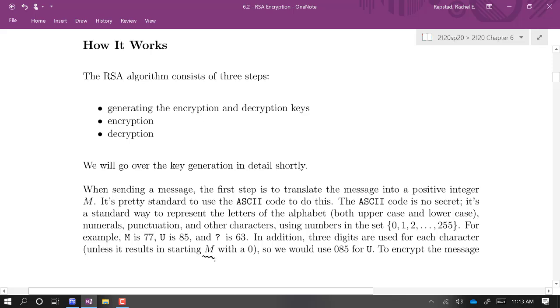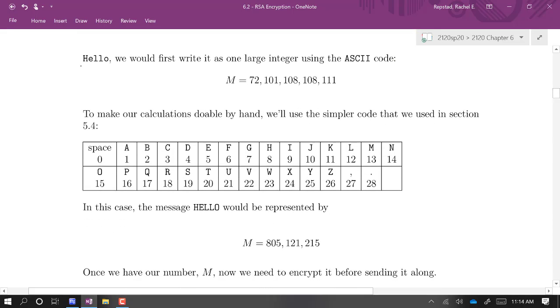So we generate one big large integer that just doesn't have leading zeros. And then we use 3 digits for each character to create that. So for example, if I wanted to encrypt the message Hello with a capital H and lowercase letters that follow, we would write it as one large integer using the ASCII code. Here's that integer, which we're calling capital M, for message.